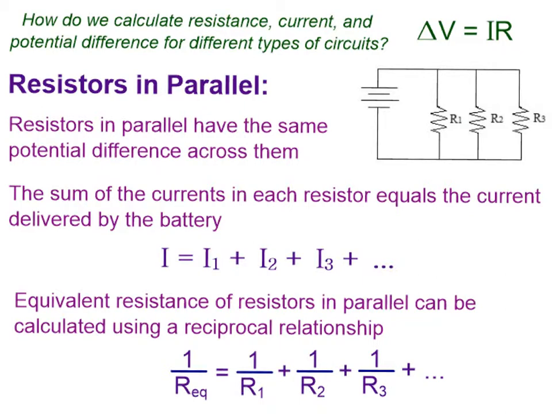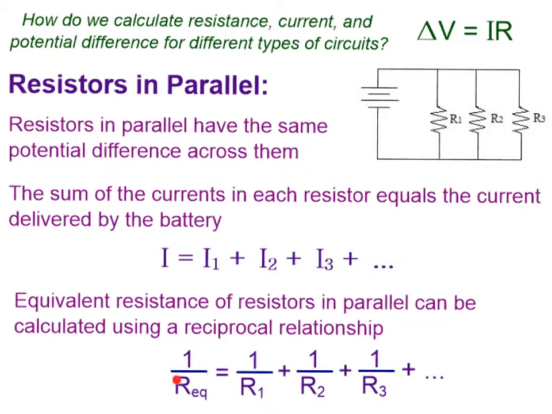Also, the sum of the currents in each resistor in parallel equals the current delivered by the battery. So the current delivered by the battery is going to equal the current across each of the resistors in parallel. That's also different. And last, for resistors in parallel, equivalent resistance is going to be calculated in this way.